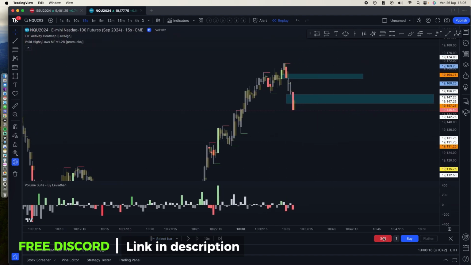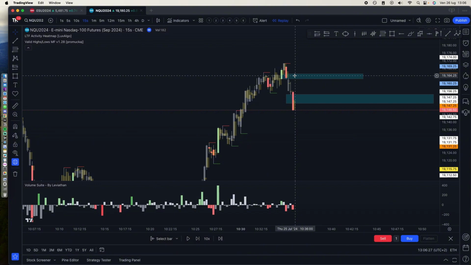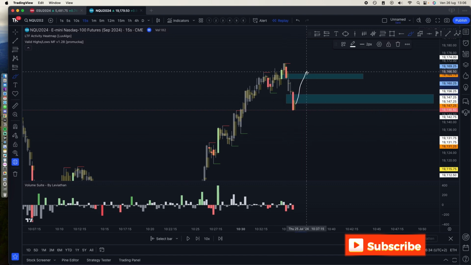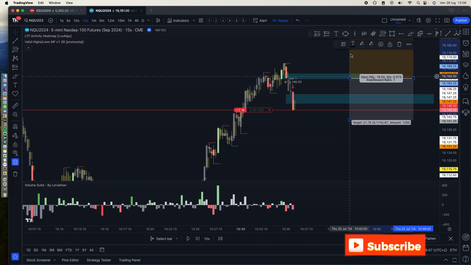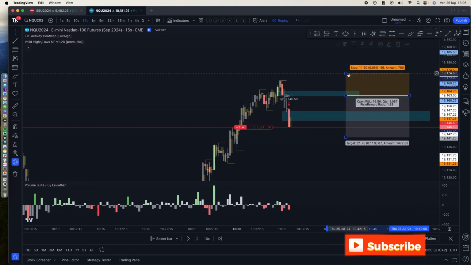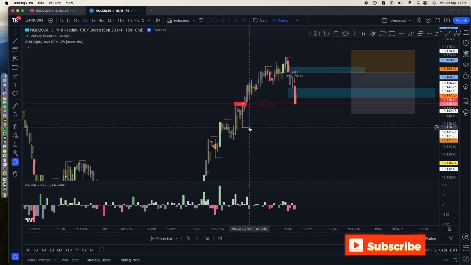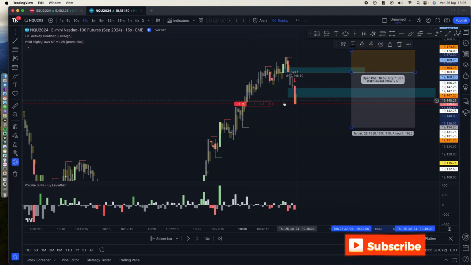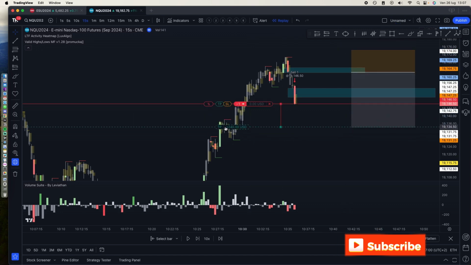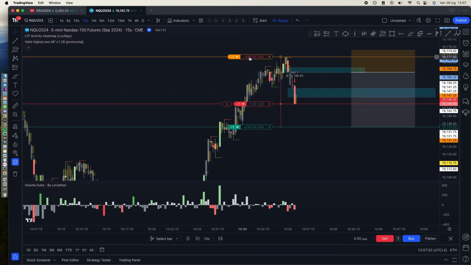So I trigger when I see this, an unmitigated fair value gap, and that basically works as a magnet, because the market tends to mitigate the unmitigated fair value gap. When I see this, I split my size, so I enter right now, and another entry could be here. What about the target? The recent valid low is this one, so the target is here. So take profit here, stop loss here.